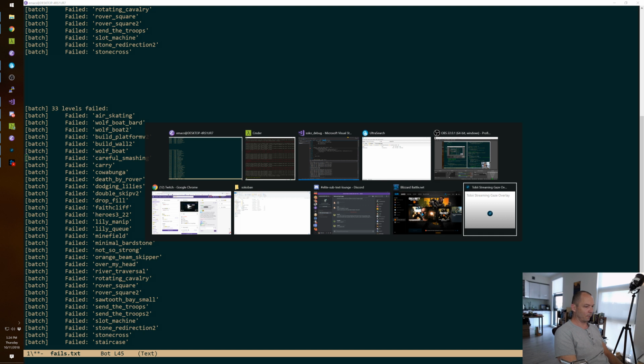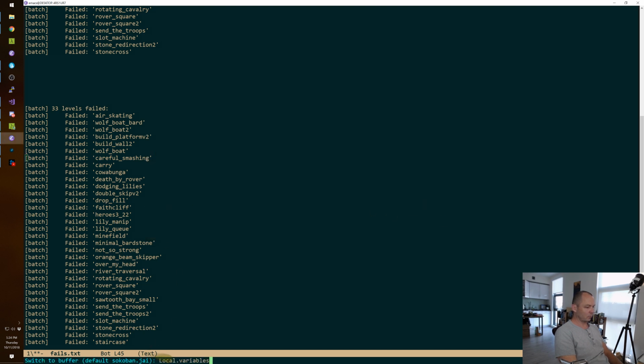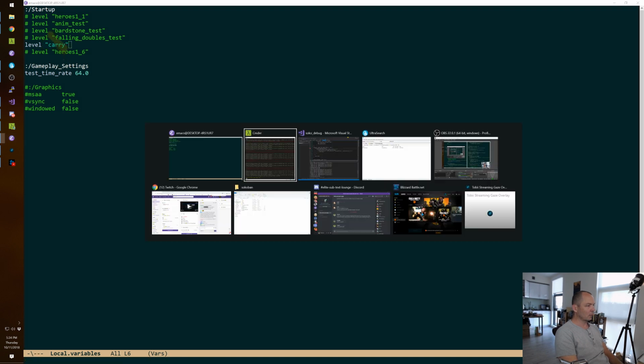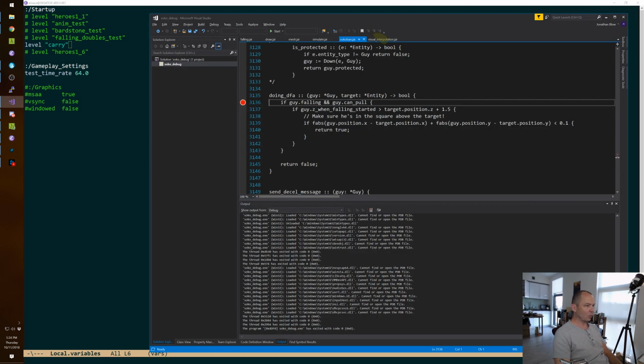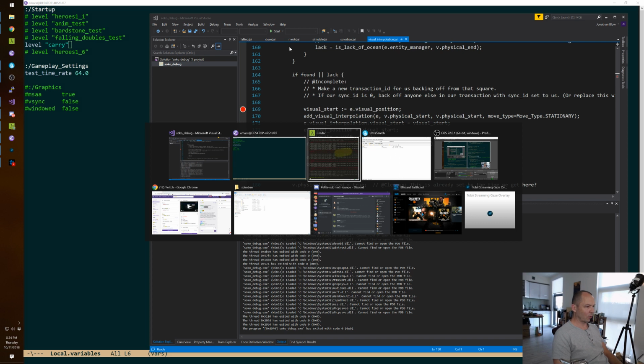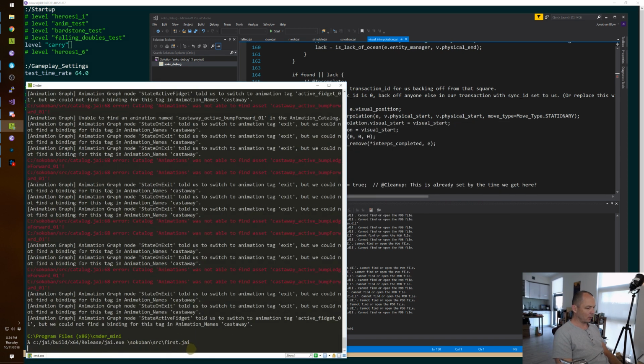So we're gonna go there. And we're going to go back to visual interpolation. We're going to look for this. This is what happens when we find somebody in the square that we're trying to go to. Debug build, fresh.